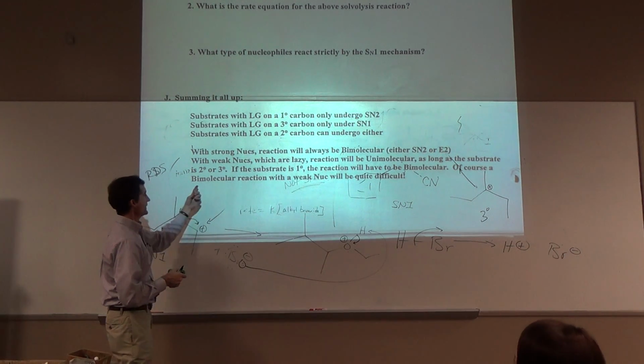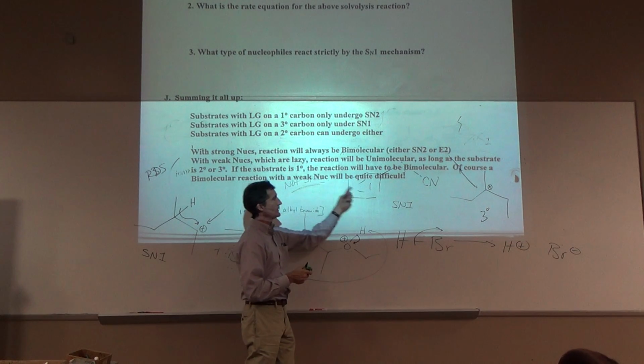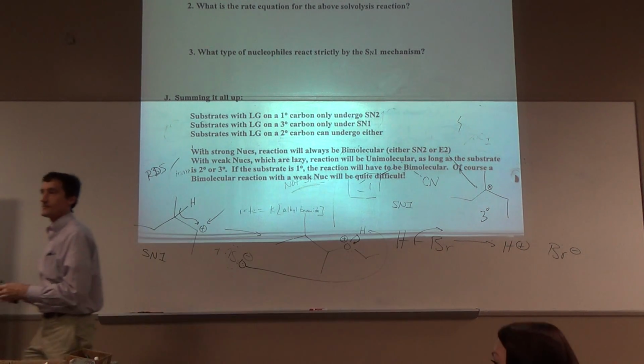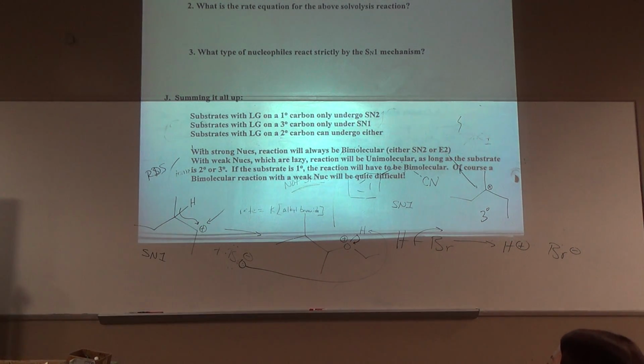Of course, a bimolecular reaction with a weak nucleophile will be quite difficult. Ultimately, you can get reactions that are borderline, and I don't want to say they don't happen, because you can make them happen. But you got to cook them for 2 to 3 days at like 200 degrees. So for us, I'm trying to give you some sort of cutoff.